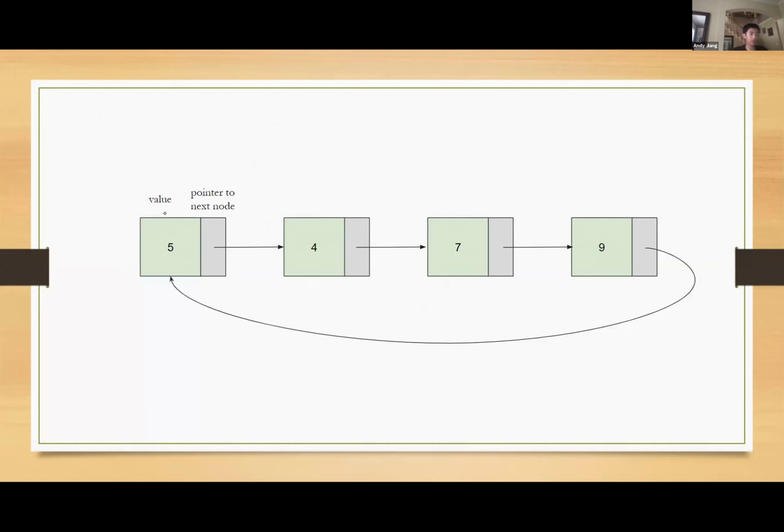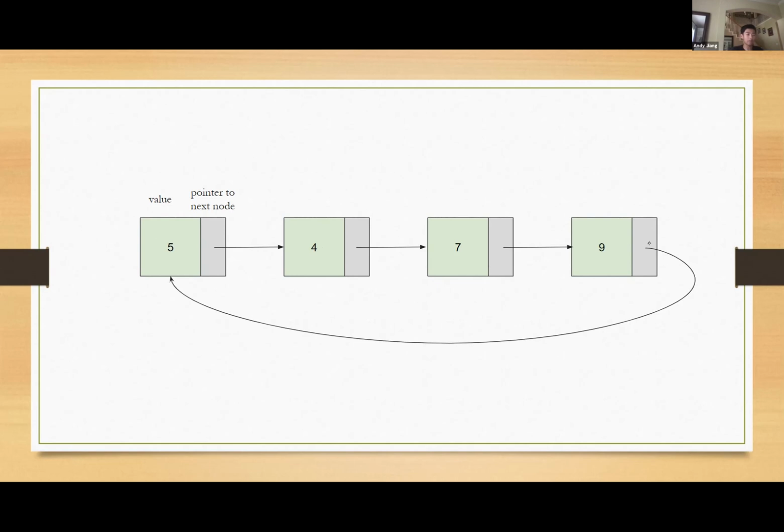So a node, or one part of the linked list, has a value, which is kind of like the value for an array. But it also has a pointer to the next element in the linked list. And this way, you can imagine, if I start at index 0 then I can go to index 1, or it wouldn't be really indices, they would be element 0, then element 1.